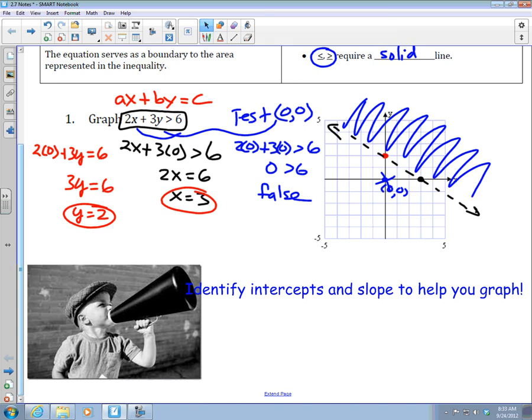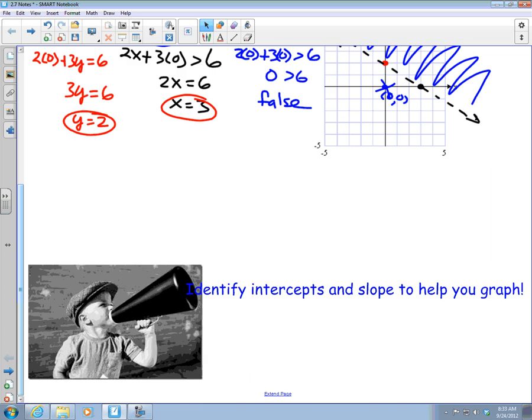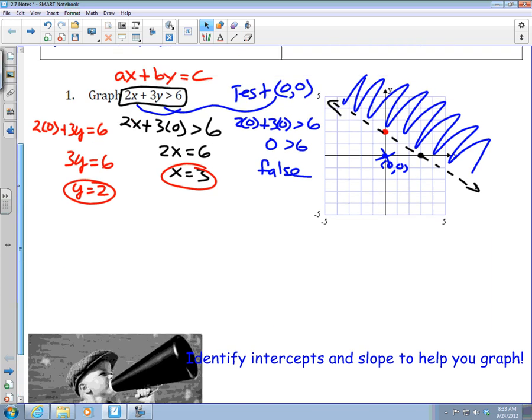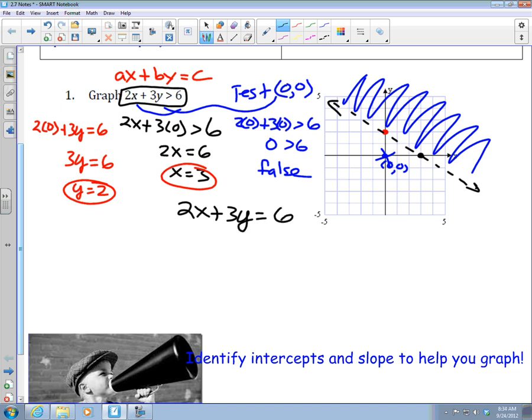One other thing here. How do you find slope? Let's just say equals 6 for right now instead of greater than. Solve for y. Subtract 2x from both sides. 3y equals negative 2x plus 6. I can't add these two together. They're not like terms.